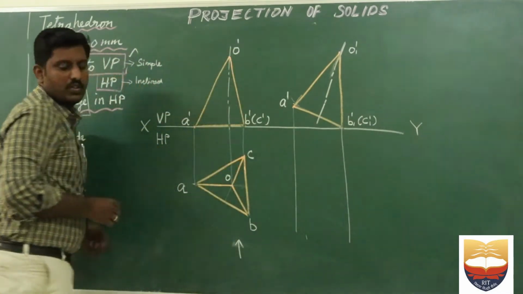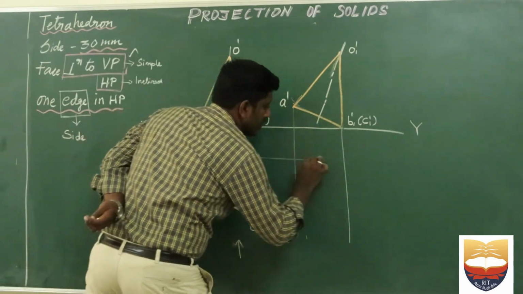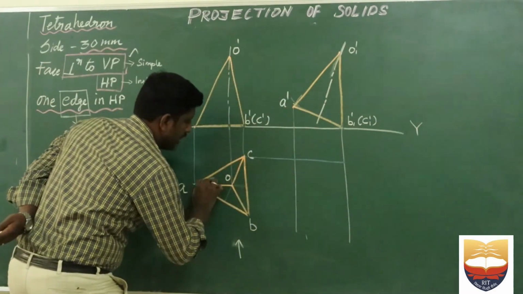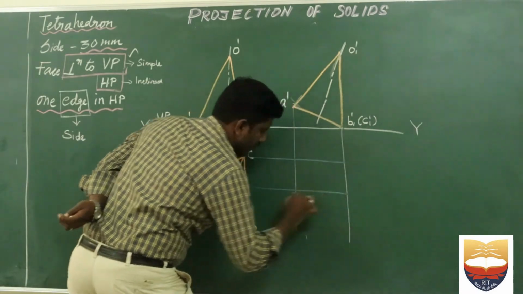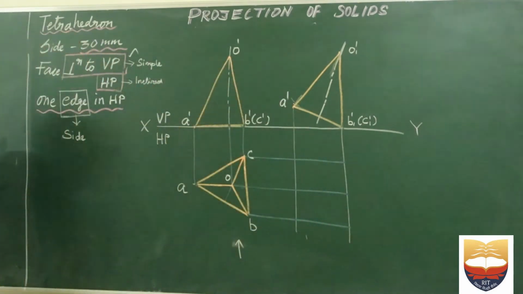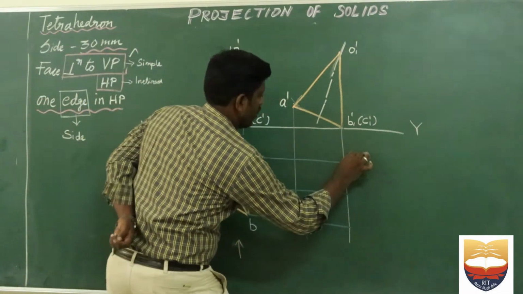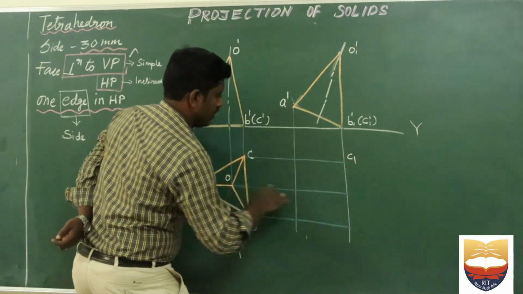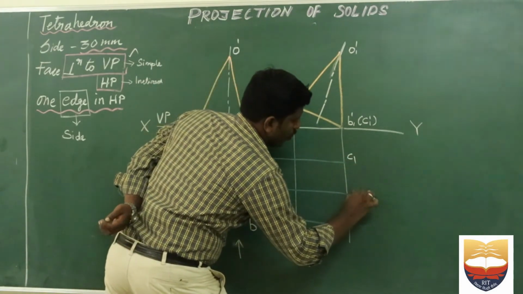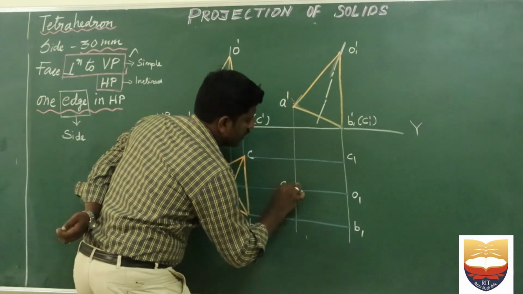Now I need to project from this side. Here A and O will be on the same line, and here I have a point. So this is my point C1, this is my point O1, this is my point B1, and this is my point A1.